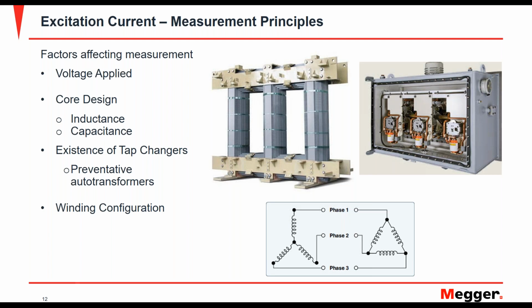Then if you have tap changers in the transformer, that is going to affect the test setup for your excitation current. For example, if you have preventative auto transformers as part of the on-load tap changer, the test requirements are different than not having a tap changer, and that's why your excitation current response will be affected.